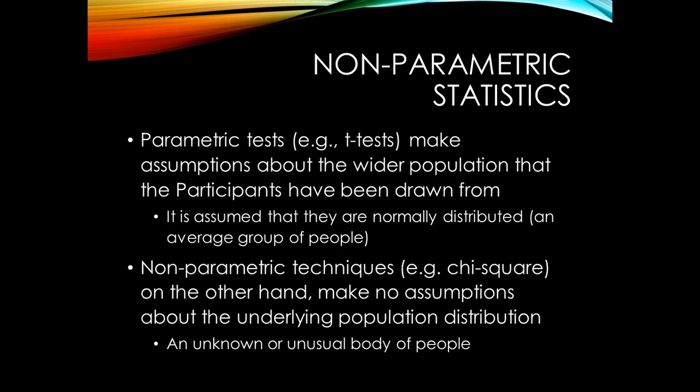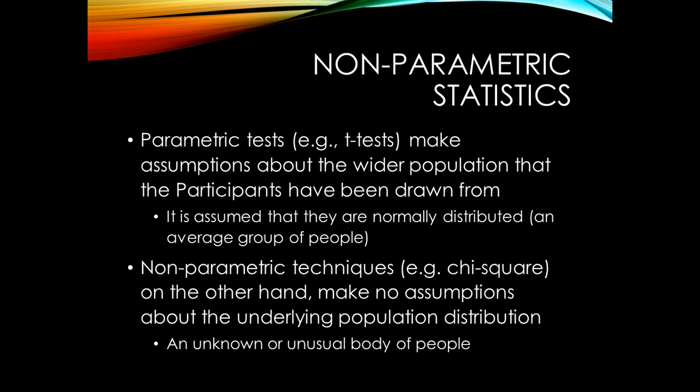However, if the people you are experimenting upon are in some respects either known to be unusual in some way, so there is some feature about them that the majority of people in the wider public don't share. So, for example, they might have an unusual rare illness, or they might all have PhDs, because obviously the vast majority of people don't have a PhD.